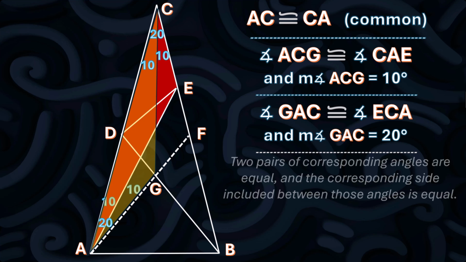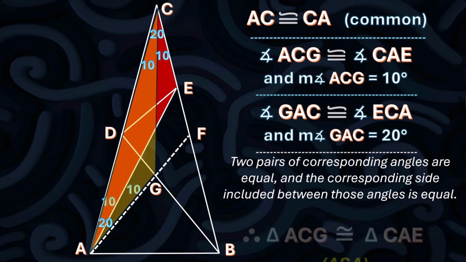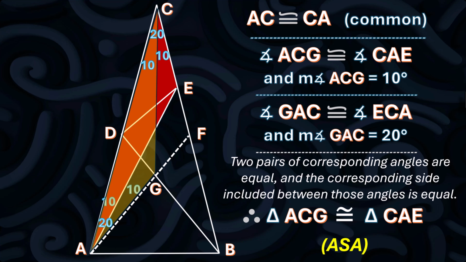We have two pairs of corresponding angles which are equal, and a corresponding side between those angles which is equal. Those two triangles are congruent by ASA, angle, side, angle.